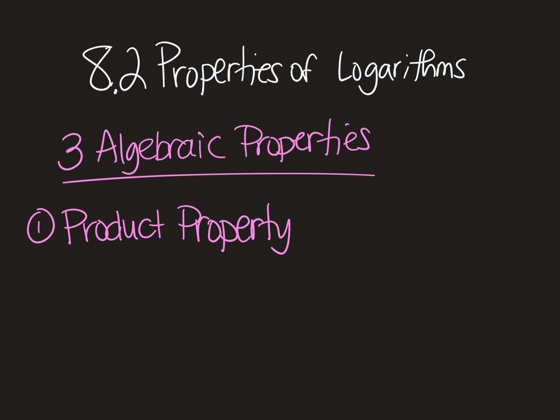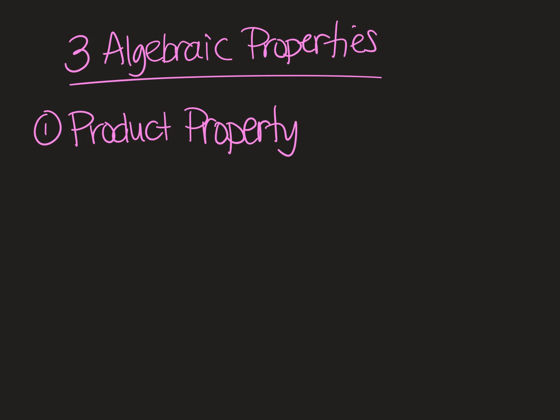And the product property, much like its name says, means you're going to be dealing with some kind of a product within your logarithm. So maybe you have something that looks like this.